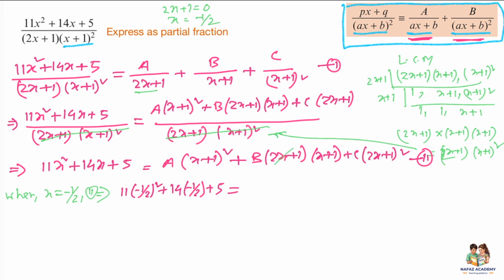Can you imagine? Yes, the B part and C part will be 0 because both parts have 2x plus 1, and I am substituting x equals minus half. So they are 0, 0 plus 0.